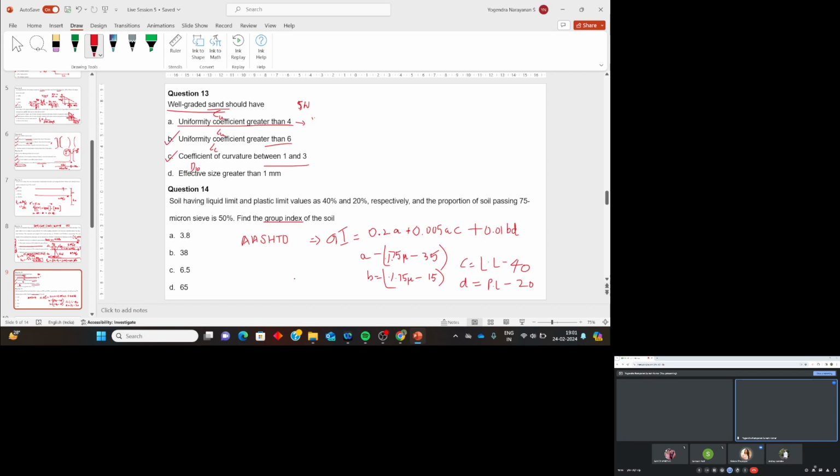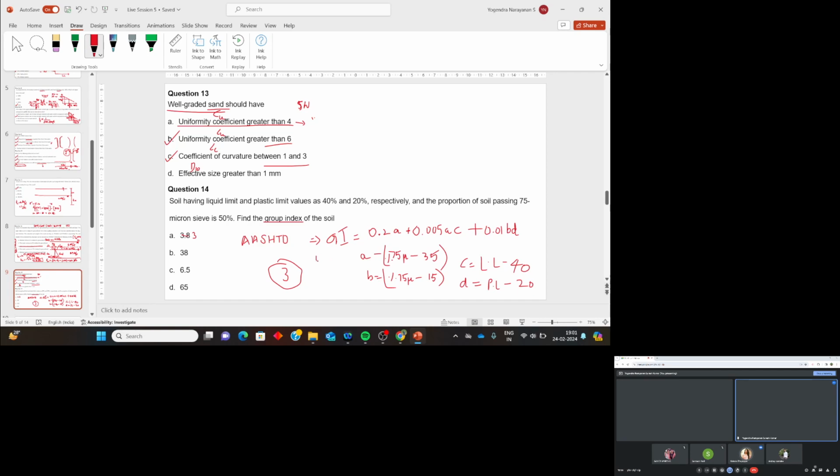Sorry for this, there has been a small mistake here. Yes, sir, I am getting only 3. Please change it. You can change option A to 3. So sorry for this one. And so, what is the range of group index which we find?